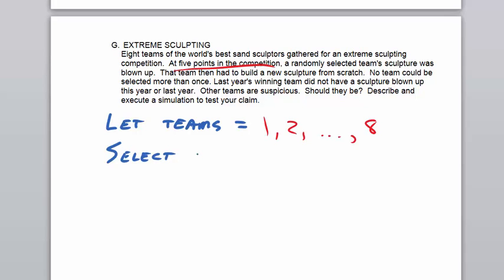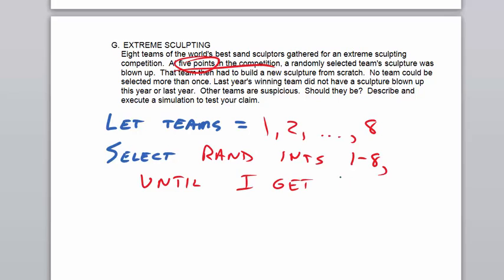So what I'm going to do is select random integers from 1 to 8. I know there's only 5 rounds in the competition, but since a team can't be selected more than once, I'm going to do that until I get 5 different numbers.